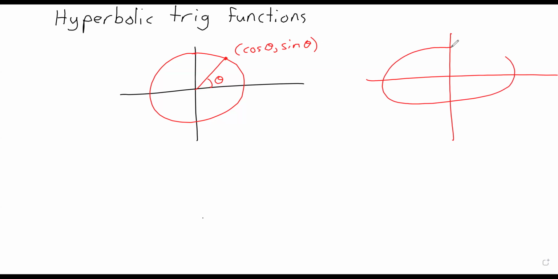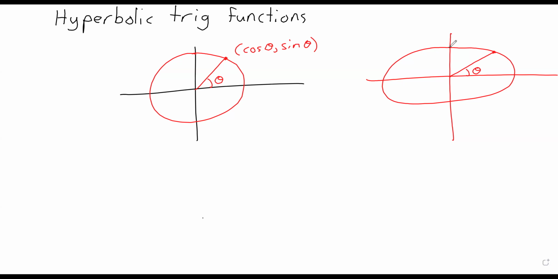If instead of a unit circle you had an ellipse, you could still define functions in the same way, the elliptical cosine and the elliptical sine. That's not standard. That's not something people do.